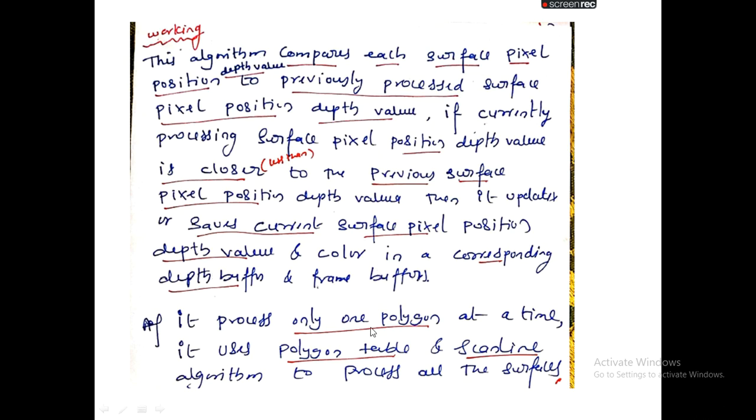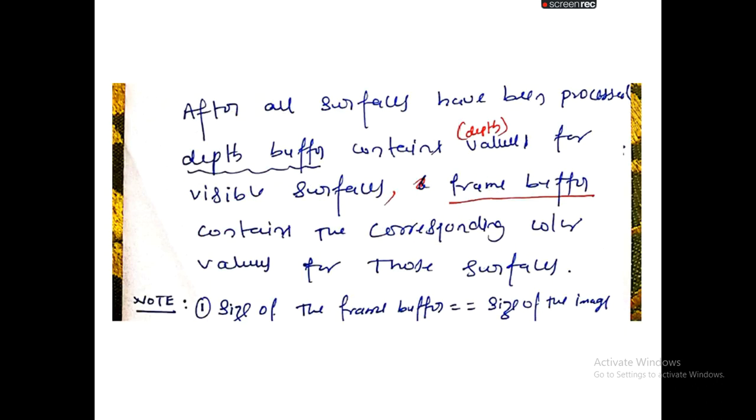So internally this Z buffer algorithm calls the scanline algorithm. It processes from bottom to top, left to right, polygon by polygon, scanline by scanline. After processing, this algorithm will generate two final buffers, called the depth buffer and the frame buffer.